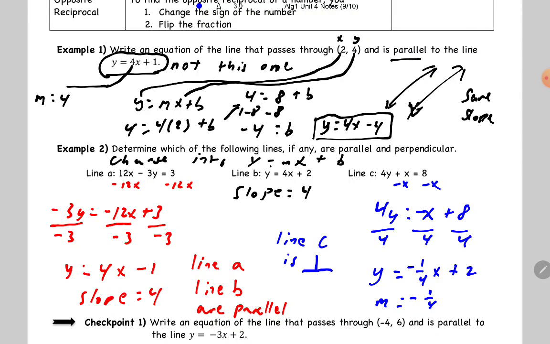So line C is perpendicular to line A and B. And the reason is, this slope is 4 over 1. If we flip it and then make it negative, that's the opposite reciprocal, you'll get negative 1/4. So line C is perpendicular to line A, and A and B have the same slope.